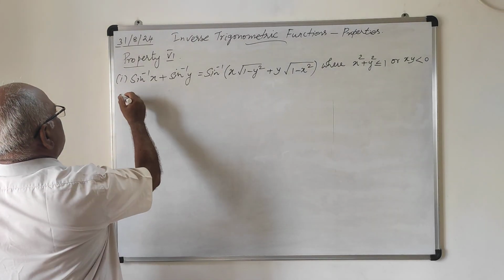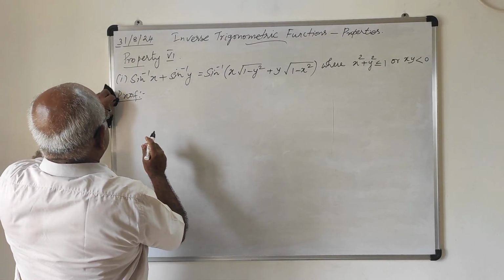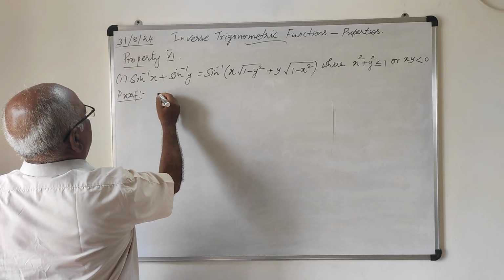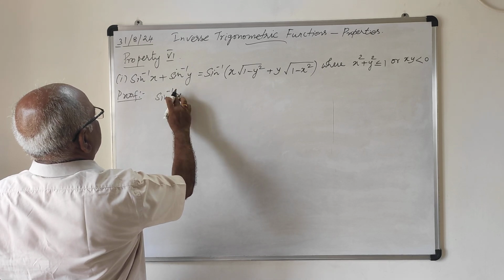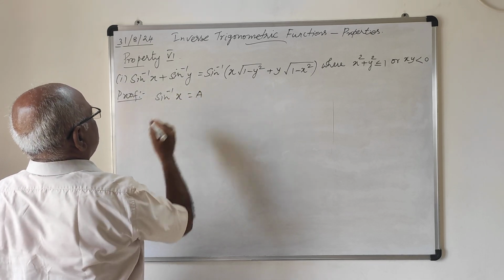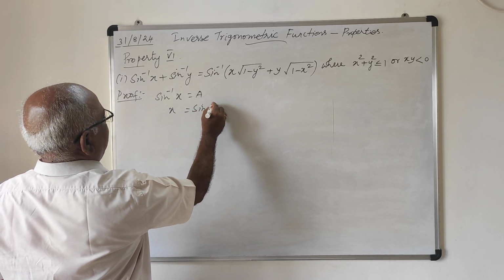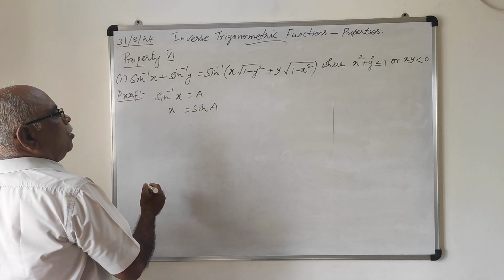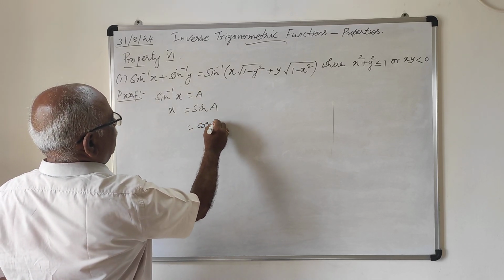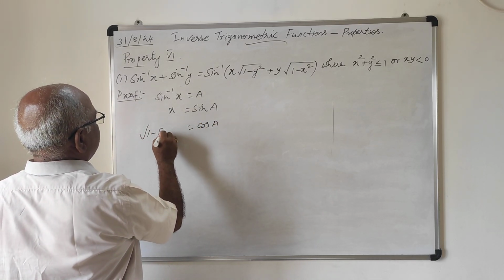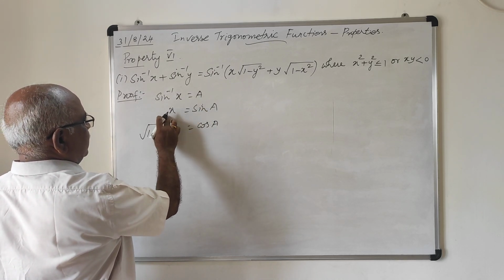To prove this result, let us consider sin inverse of x as A. So from this, x equals sin A. You know cos A is root of 1 minus sin square A. Sin A is x, so sin square A is x square.